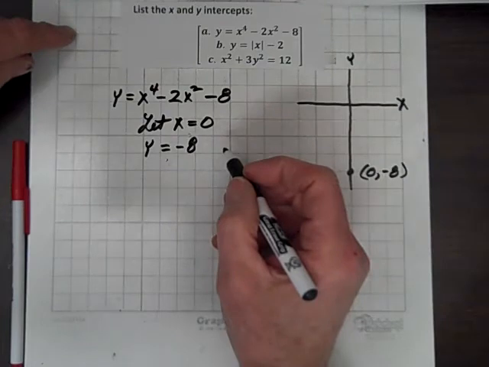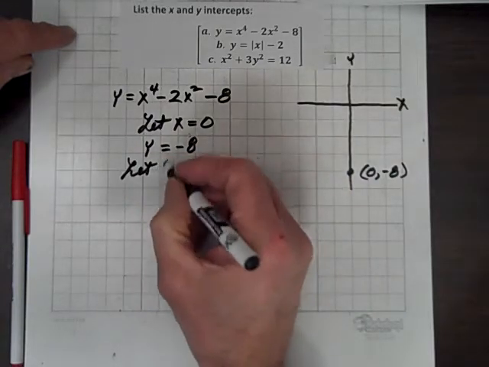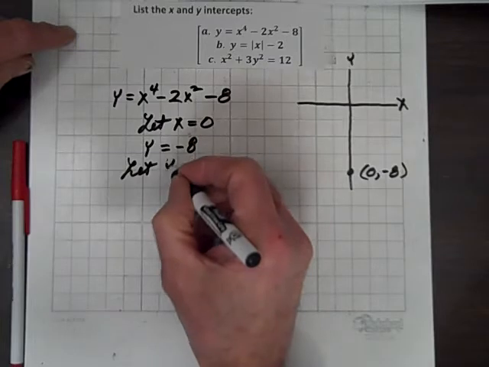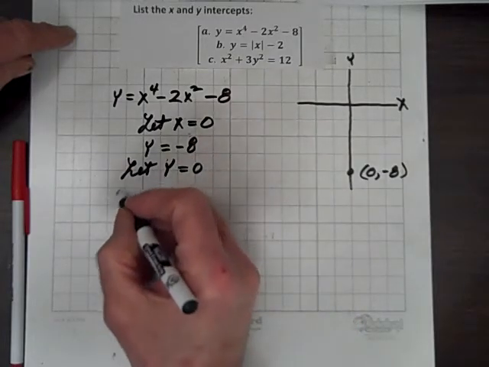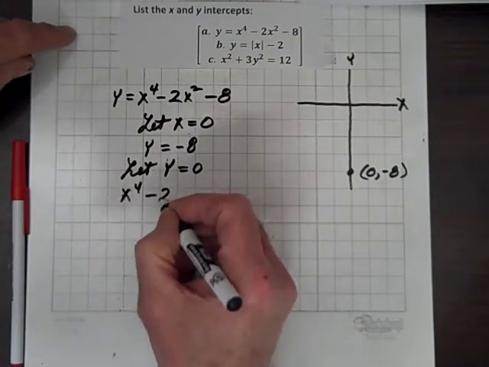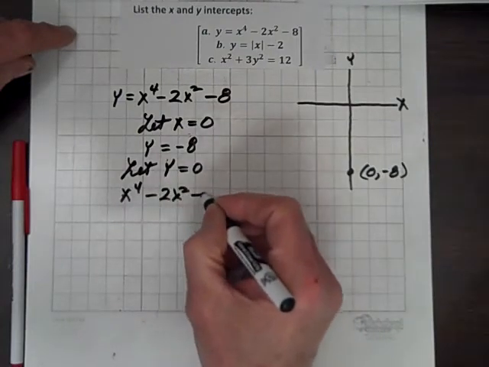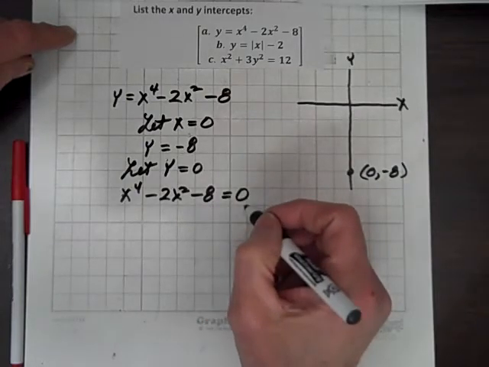Now we'll find the x-intercepts, and to do that we'll let y equals 0. If that's the case, then x to the fourth minus 2x squared minus 8 equals 0.